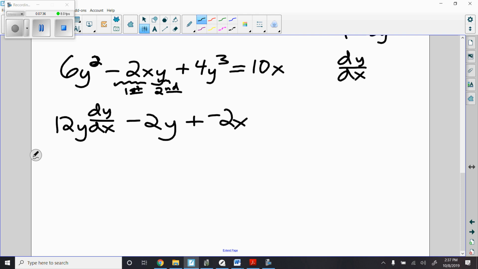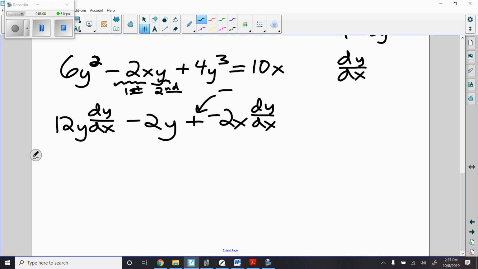The derivative of y is 1, but I need to take that 1 and multiply it by dy dx because I'm doing the derivative of y. Okay? So really, this overall sign here is going to change to a minus later on when I simplify. Okay? They both end up being minus, even though it's the product rule, and the product rule is plus. Because that first term is negative, it's going to override the plus and become minus.